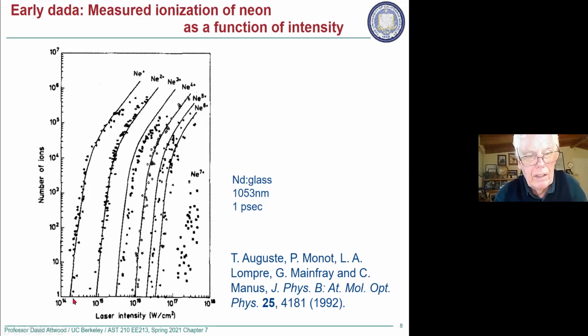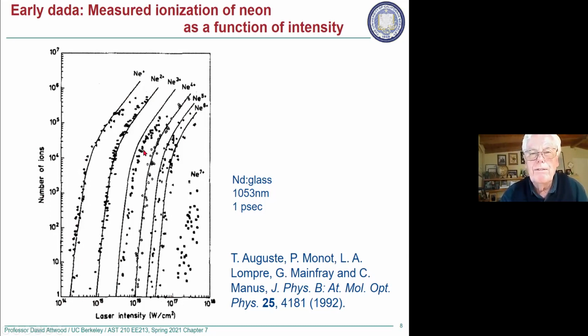As you increase the intensity, the number of ions goes up really, really fast. If you get to higher intensities, you start pulling off even more electrons. So this is neon having lost 1 electron, a neon atom having lost 2, etc. This was done by this French group and published in 1992.